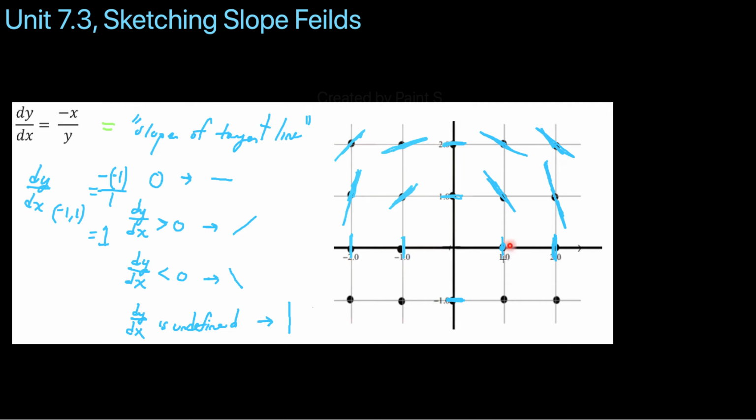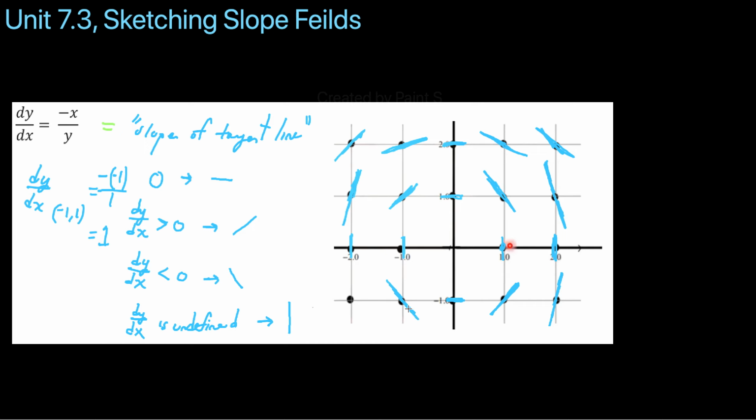So this is 1, and since it's negative x, it's -1 over negative, so it's positive 1 here. It looks like that. Then this is -2 over -1, so it's positive 2, just more slanted than the original one. And here you have something like -1, negative, negative, positive, but then the -1 on the bottom makes it negative 1, so it looks like that.